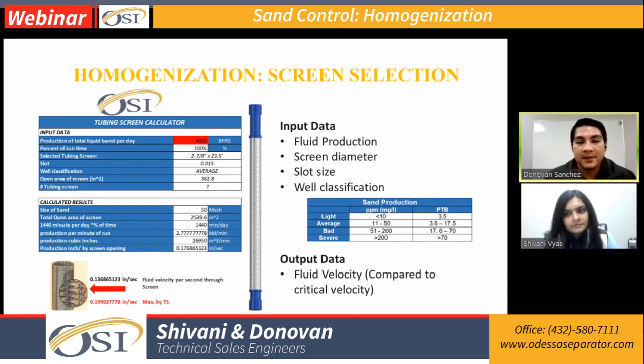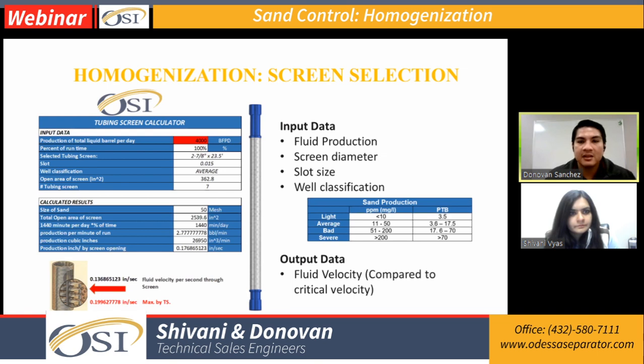This tubing screen is 24 feet, and we're playing around with the well classification, which is average. If you look at the table to the right, for sand production we like to go by ppm, or parts per million. On average, we're seeing 11 to 50 milligrams per liter of sand production in this well. So that's what we're going to classify this well as. And then we put the number of tubing screens right here.